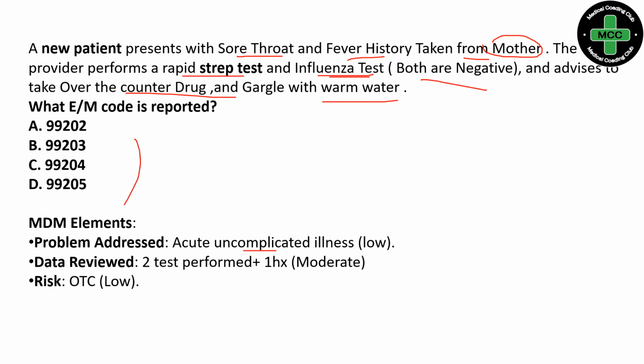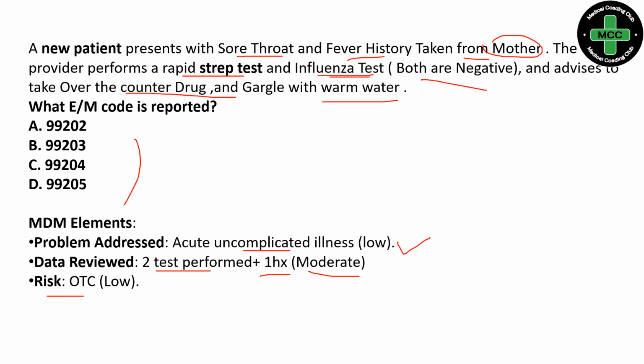So here it is an acute uncomplicated illness. Sore throat is like pharyngitis. Since the tests are negative, we will consider acute pharyngitis. So an acute uncomplicated illness will give a low problem level. For data review, two tests were performed and analyzed, and with that, one historian. The independent historian is the mother. So in combination of tests and a historian, we will get a moderate data level. And finally risk is OTC.